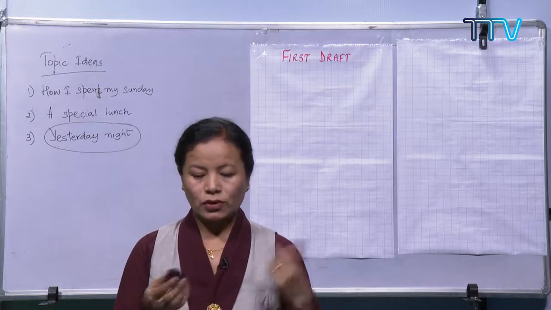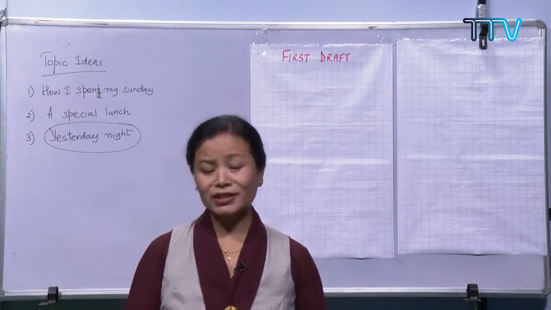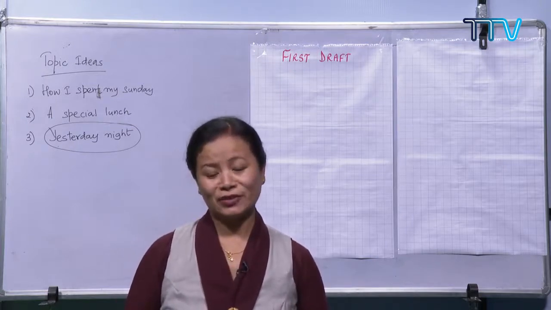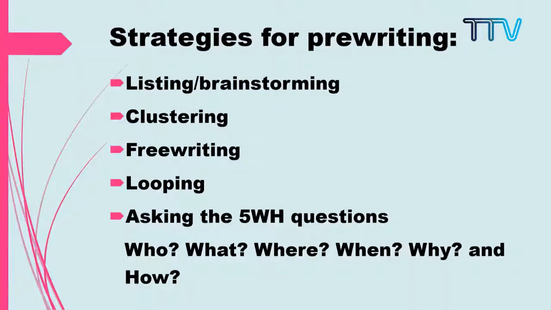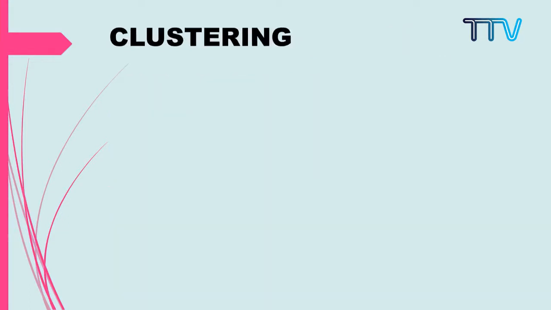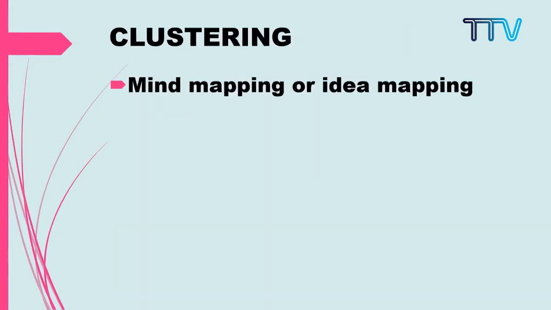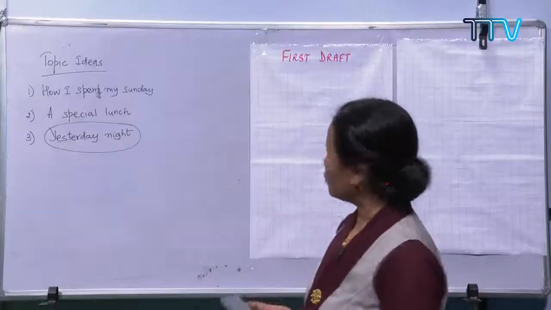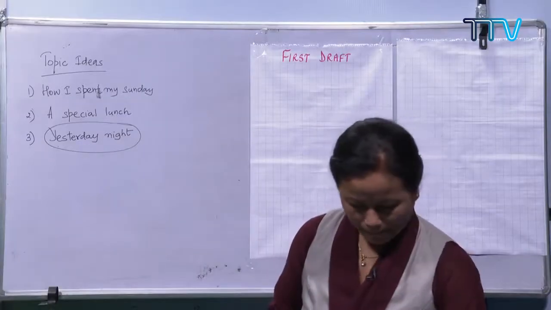Today, out of the different strategies, look at the slide, I'm going to use clustering, which means mind mapping or idea mapping. I'll show you how we can follow this mind mapping.